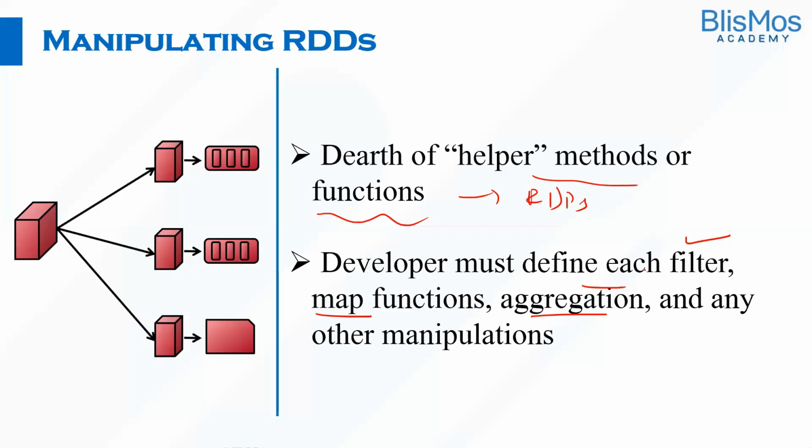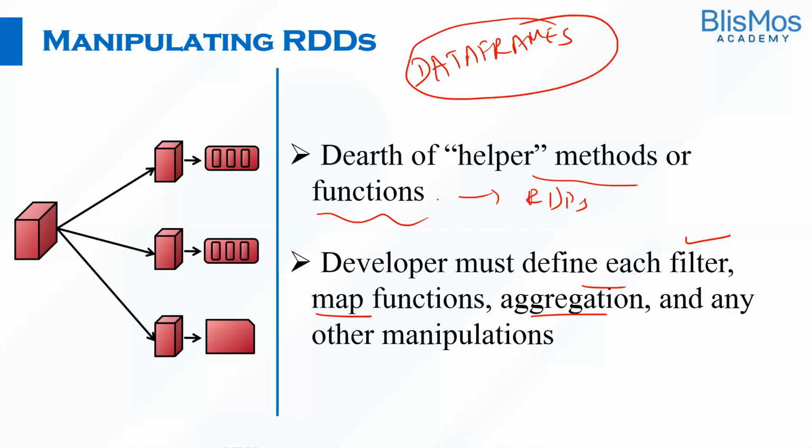It is not that we don't have the function methods at all, but as compared to the data frames, the functions are fewer for manipulating the RDDs. If the functions are fewer, obviously developers have to define them as a part of their data engineering problem or a data analysis problem.